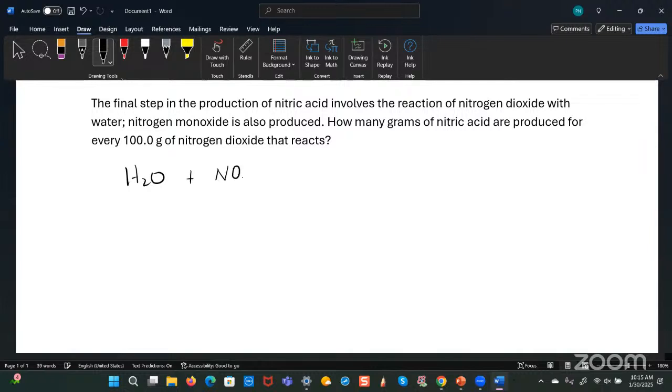Okay, and what are the products of this reaction? Nitric acid, nitrogen monoxide. Exactly. All right, very good. And then what's the next step?